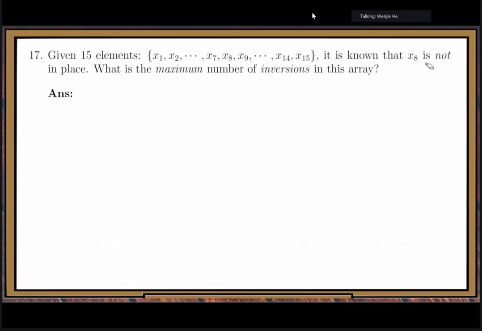You know, the right place when the array is sorted, so we treat those positions as the right locations. So X8 is not in its destination location. What is the maximum number of inversions in this array?